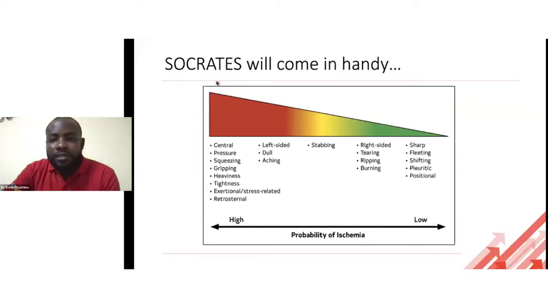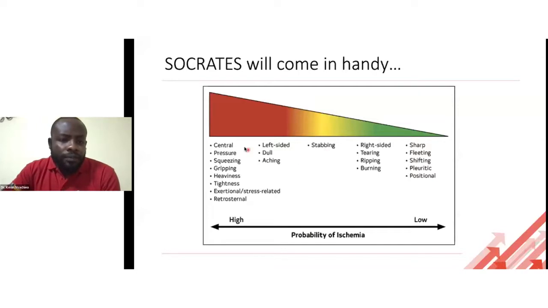Is it alleviated or relieved by whatever factors? What exacerbates it? Is it there throughout? The characteristic of the type of pain that your patient is presenting with will point you on whether you think about ischemia, that is acute coronary syndrome, or it could be something else.